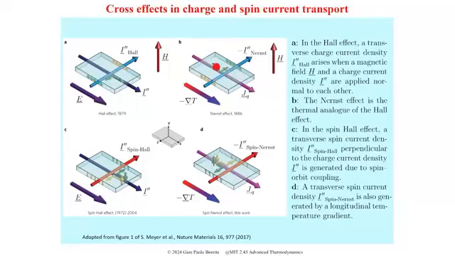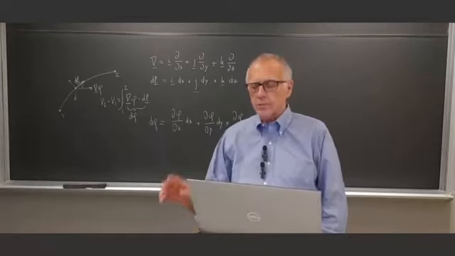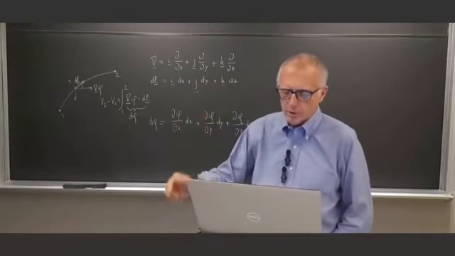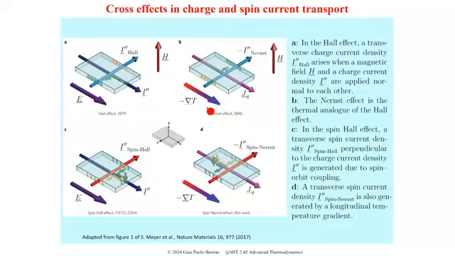And the other, the converse, or let's say the Onsager reciprocal effect, is called the Nernst effect. If you have an electric field and you have an electric current in one direction, the magnetic field produces an electric current also in the orthogonal direction. This is the Hall effect.